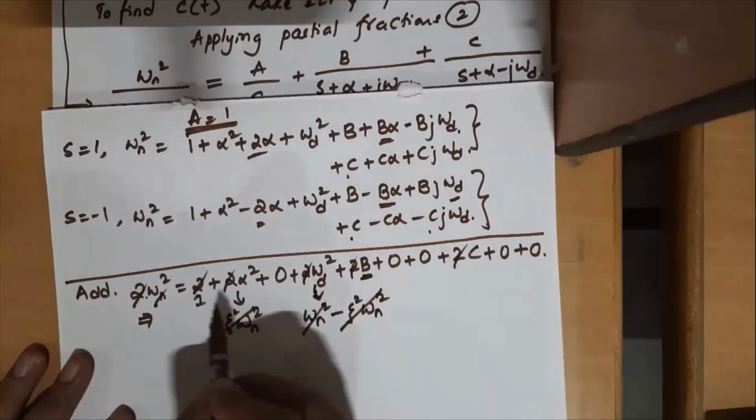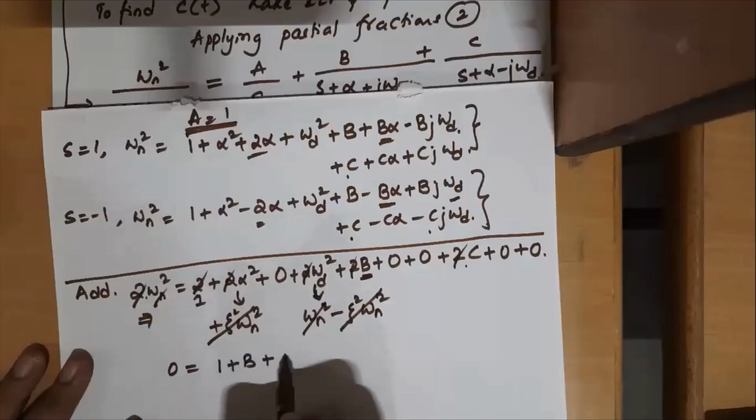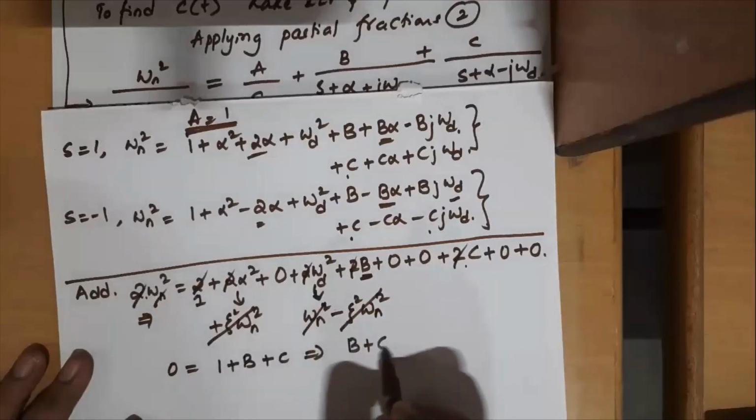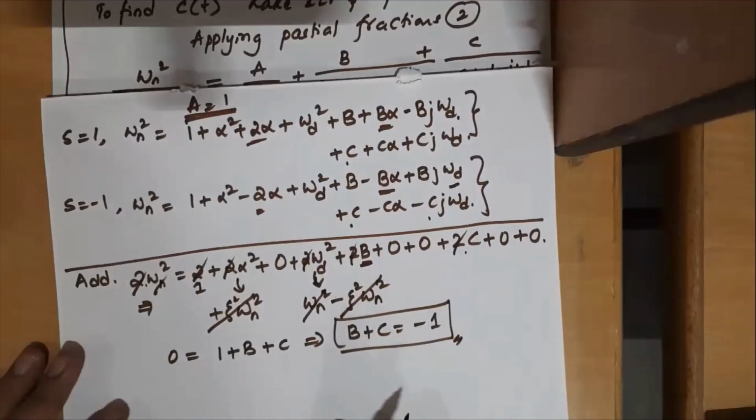So what we have is one, constant b and c. That's it. So this is 0 equal to 1 plus b plus c, or b plus c equal to minus 1.